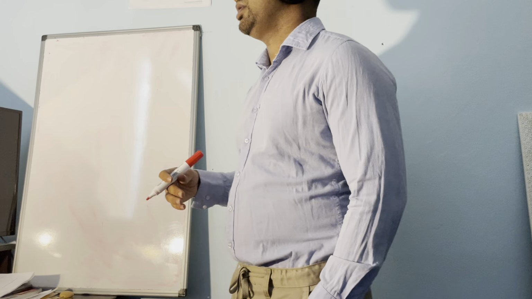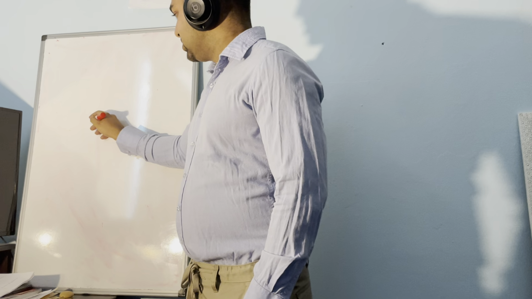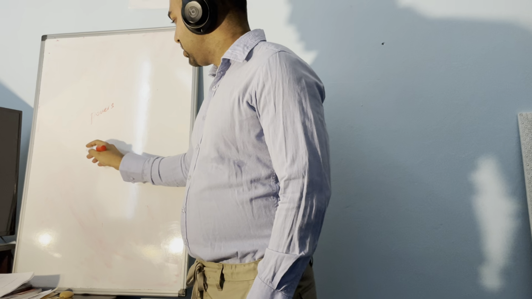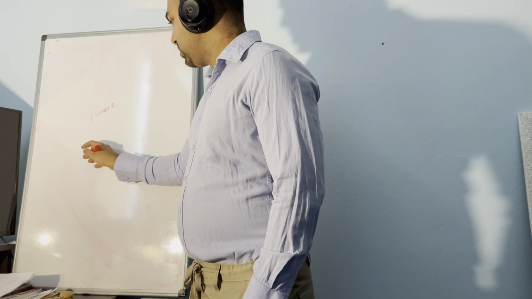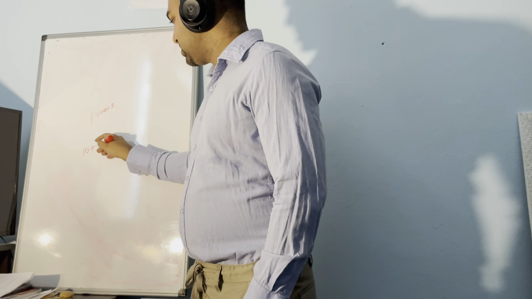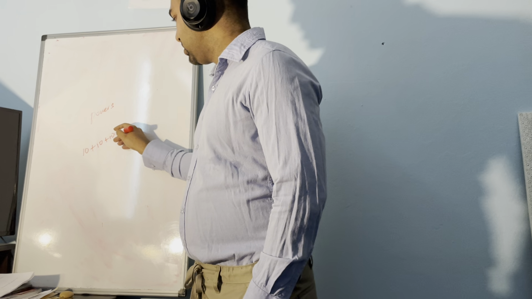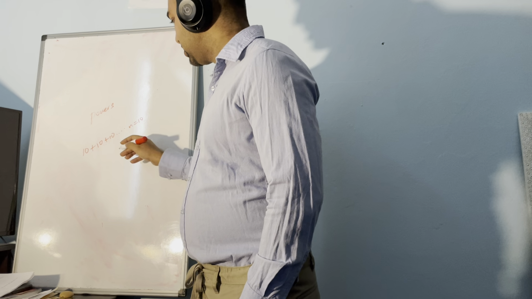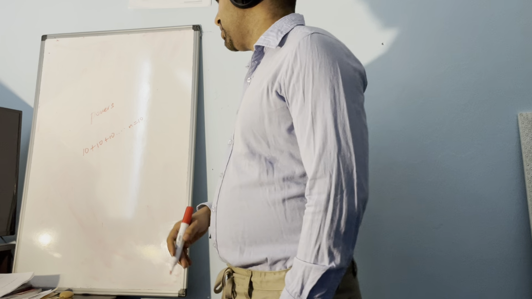So powers work like this. You have 10 to the power of 1 plus 10 plus 10 dot dot dot, n equal 10 times. So 10 plus 10 plus 10, right?